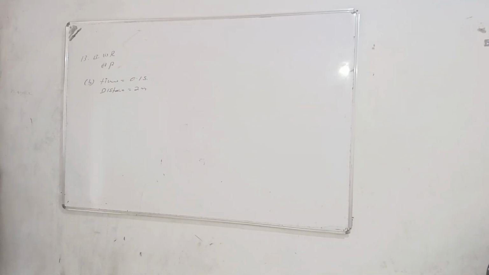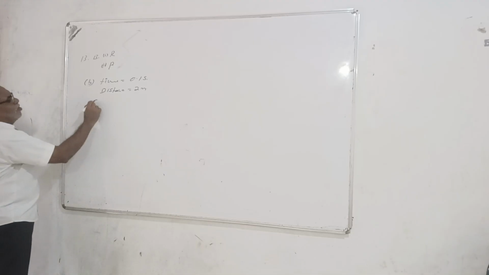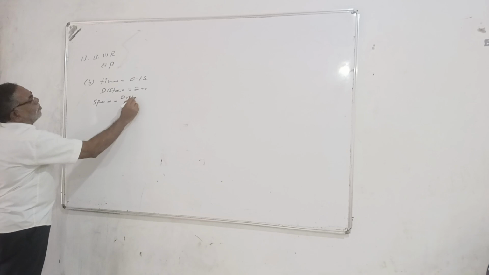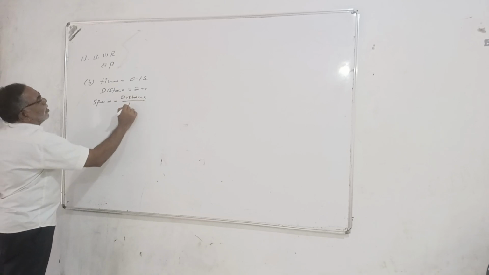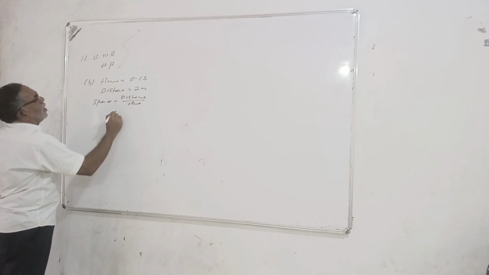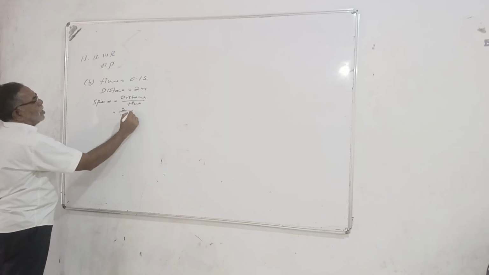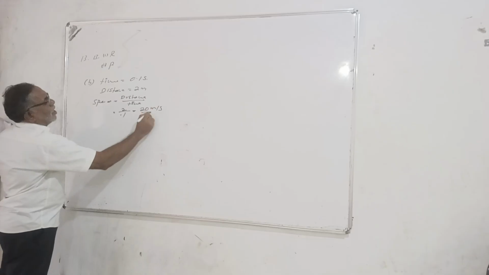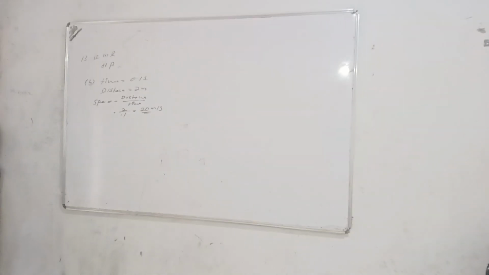So speed is equal to distance by time, equal to 2 divided by 0.1, that is 20 meter per second. Speed is equal to 20 meter per second.